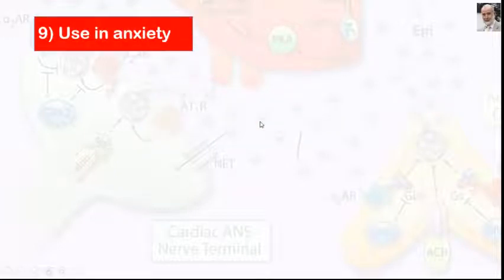The next use is the use of beta blockers in treatment of anxiety.